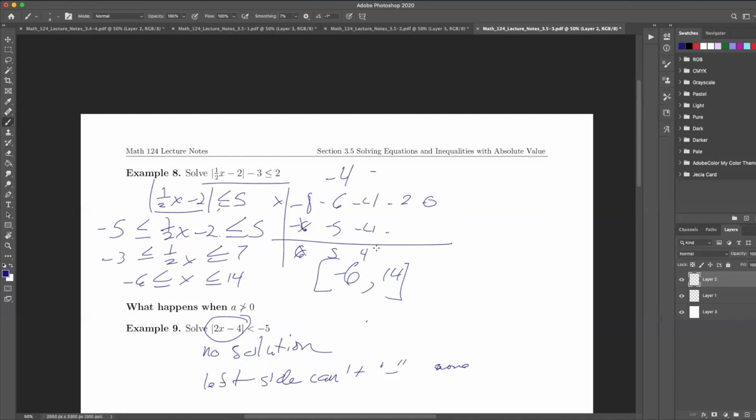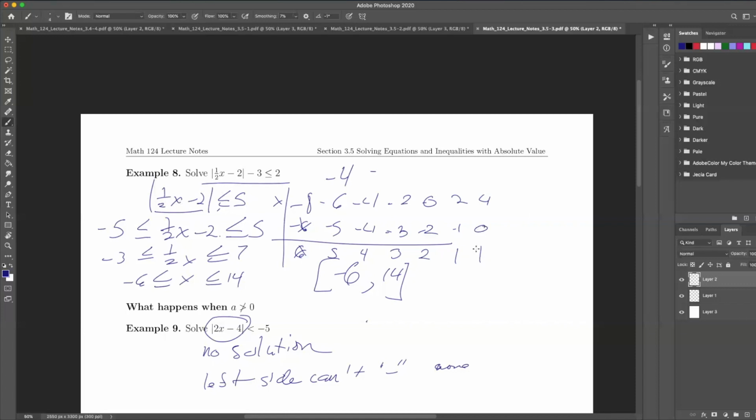This gives us -3, so it gives me 3. 0 gives me -2, which gives me 2 as an absolute value. 2 gives me -1, which gives me 1. 4 half times 4 is 2, 2 minus 2 is 0.